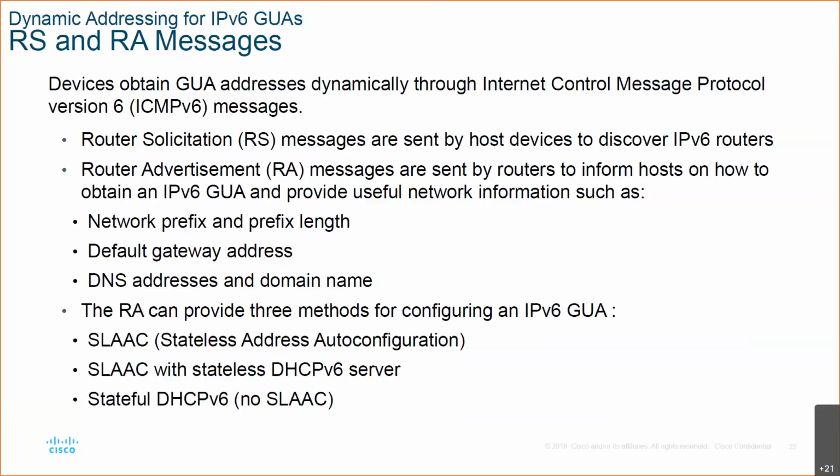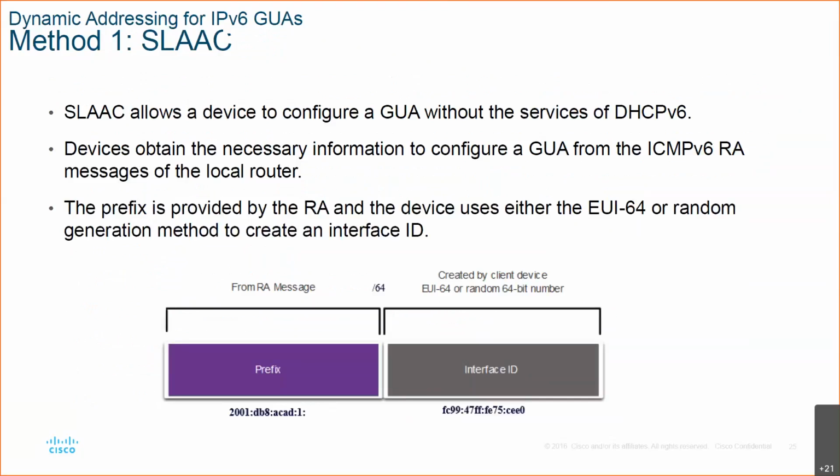Configuring SLAAC and DHCP is something you will cover in CCNA 2, not CCNA 1. So let's look at the first method when we use SLAAC. When we use SLAAC, it will automatically obtain a global unicast address by using ICMP version 6 router advertisement message from the local router.